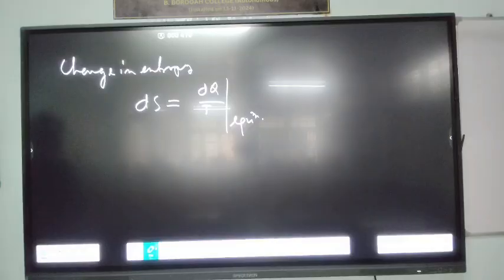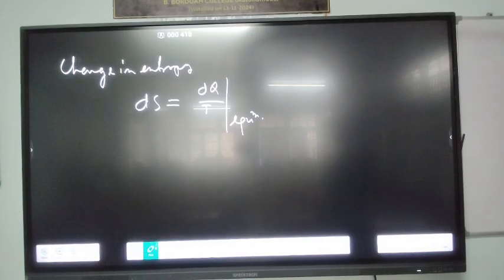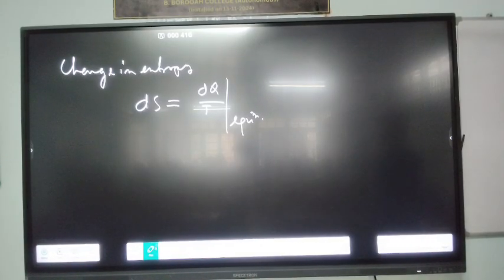So you can only calculate the change in entropy whenever you are in an equilibrium position. That means you must be in a reversible process. Only in a reversible process can I calculate the change in entropy.